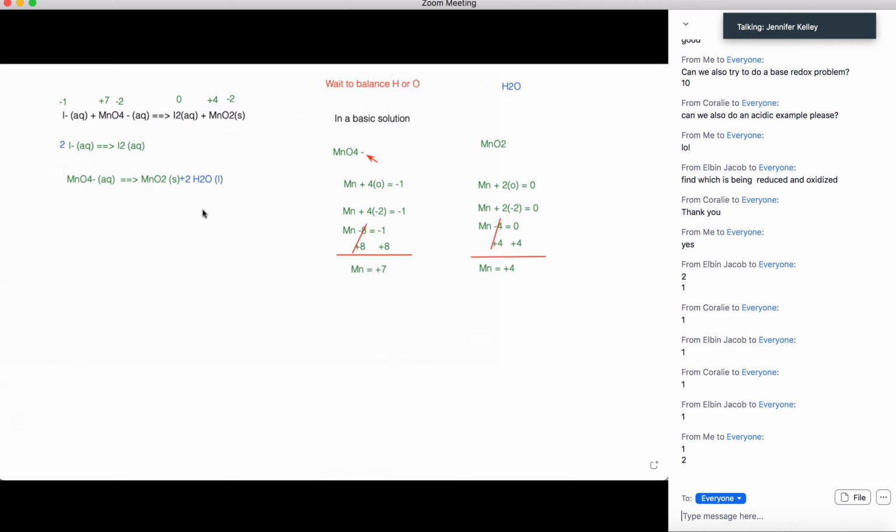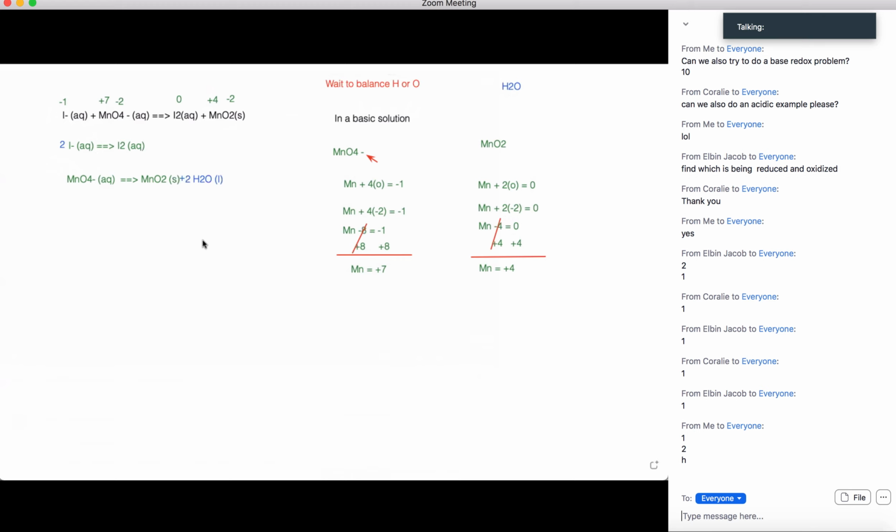But what is not balanced now? The hydrogen. I have 2 hydrogen on the right and 2 hydrogen on the left. To balance hydrogen, I'm going to put H plus on the other side. Okay.